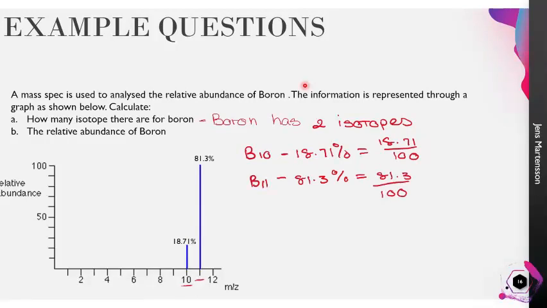Multiplying both of those, we get 18.71 on 100 multiplied by 10 plus 81.3 on 100 multiplied by 11, which will give us a relative abundance of, let me just calculate, 10.814.